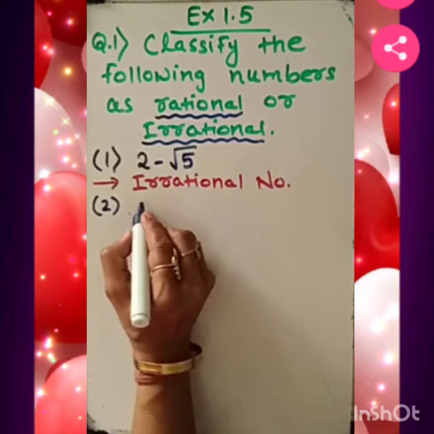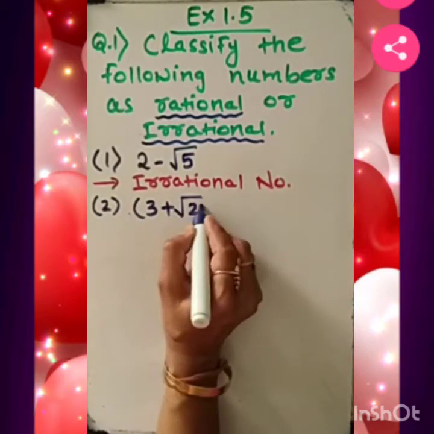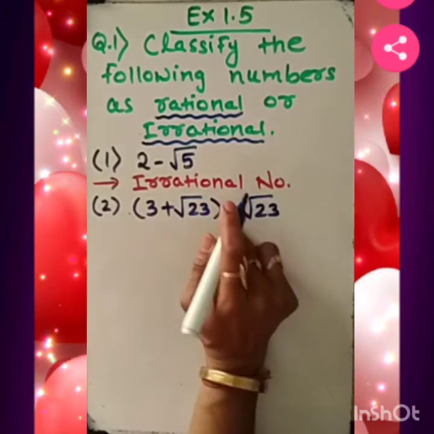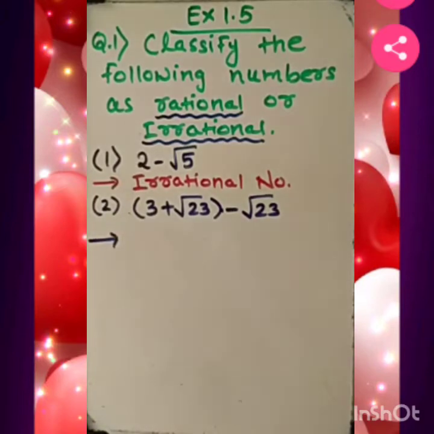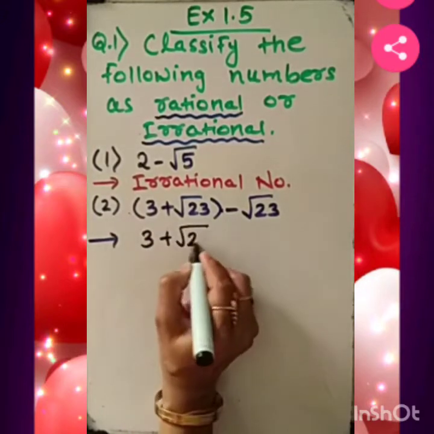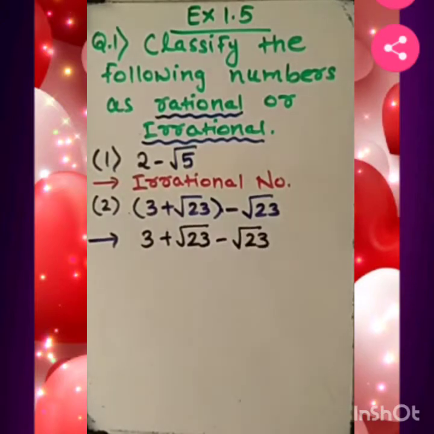The second we are given is 3 plus under root 23, in brackets, minus under root 23. If I ask you to simplify, we write this as 3 plus root 23 minus root 23 after opening the bracket.